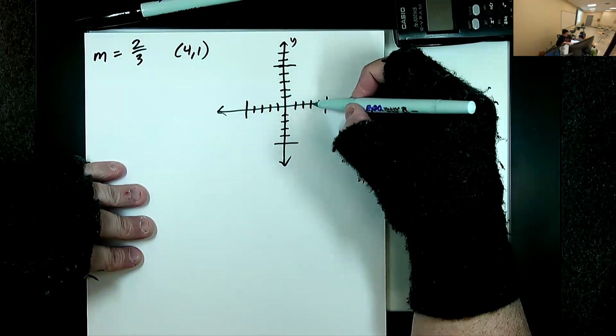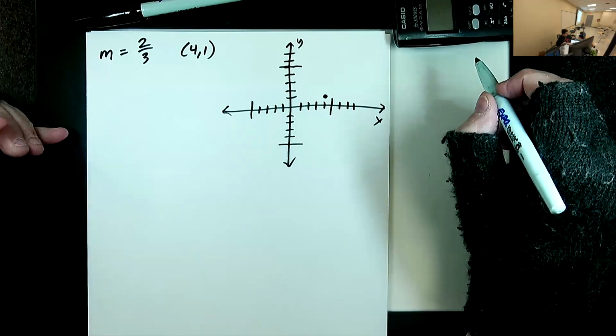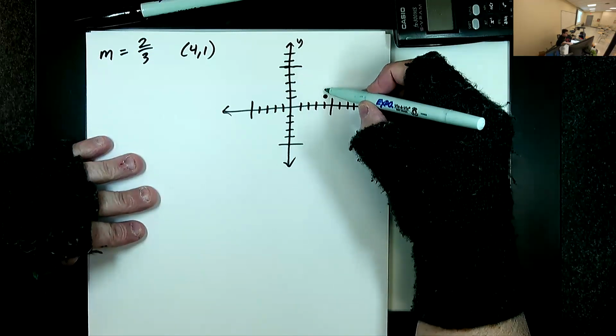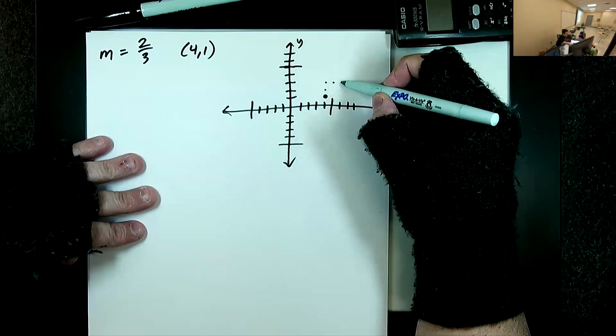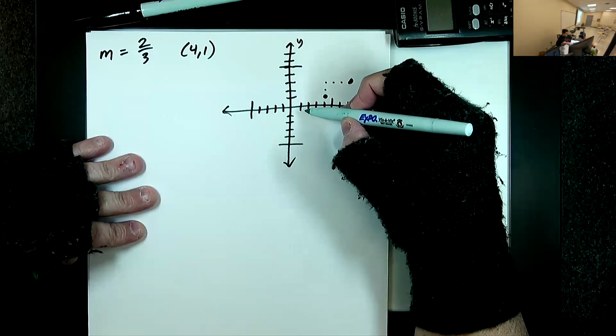We will put a point at (4, 1). And we can still do the rise over run from here. We can go up 2 and right 3, or I can go down 2 and left 3.